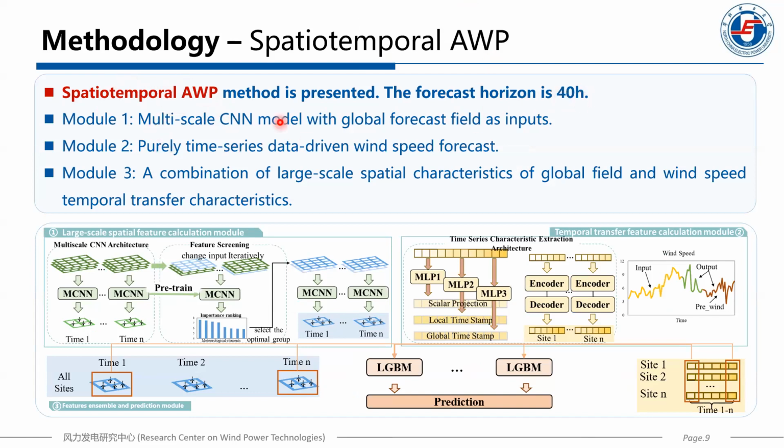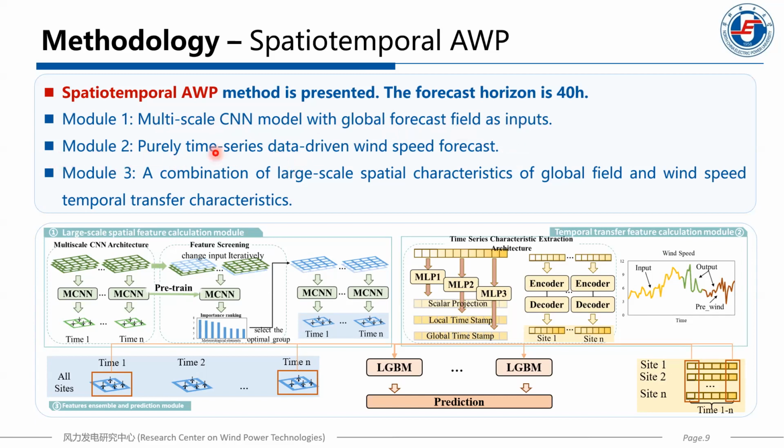And here we have three technical routes. The first one is nearly the same as the first model, just using a more complex model, a multi-scale CNN model, also mapping the global field to the wind measurement in the wind farm.